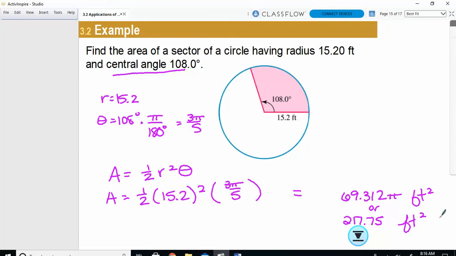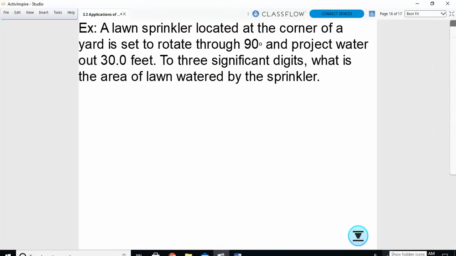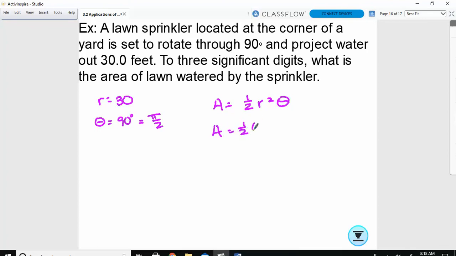I think I am going to, I want you to take a look at that last example and see if you can set it up on your own. So, what's the radius? 30. What's your angle? 90 degrees, which is equal to pi over 2 radians. We want the area. So 1/2 times 30 squared times pi over 2.